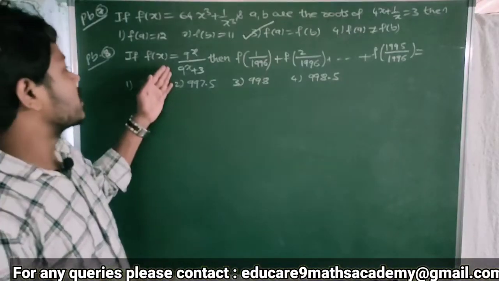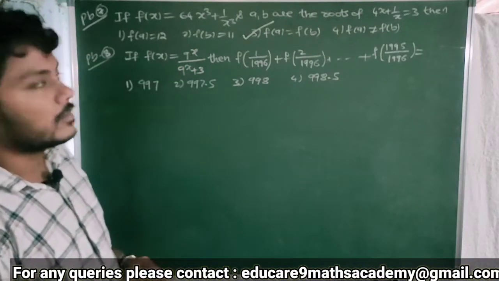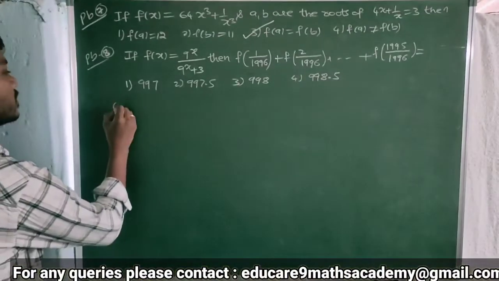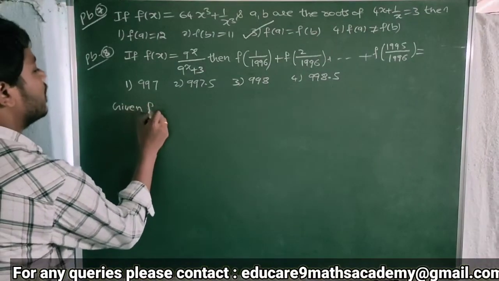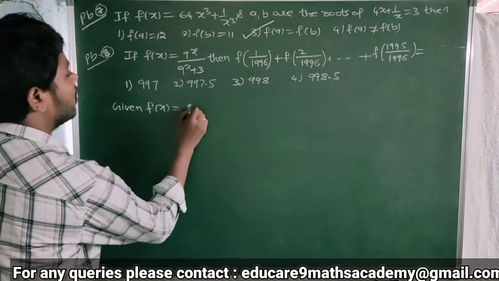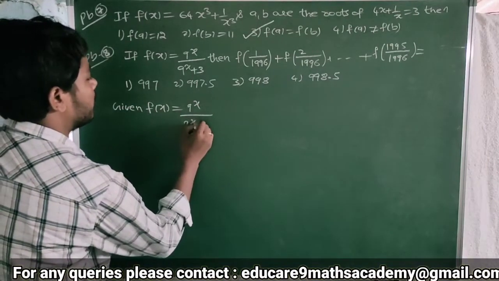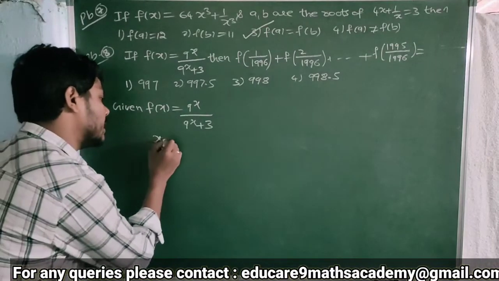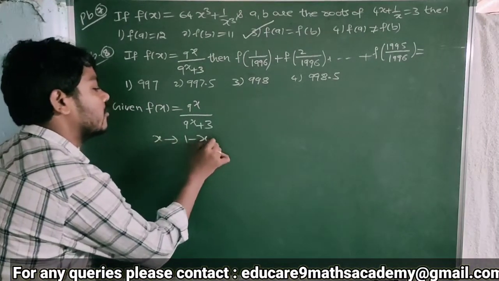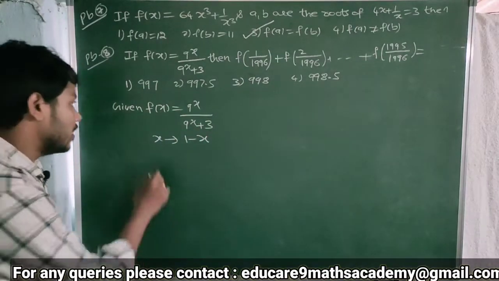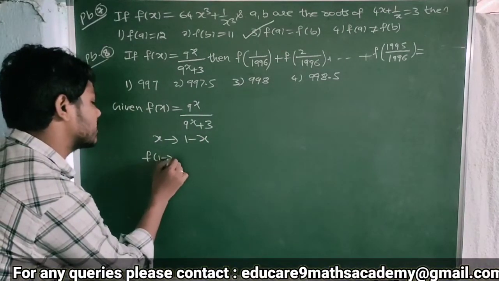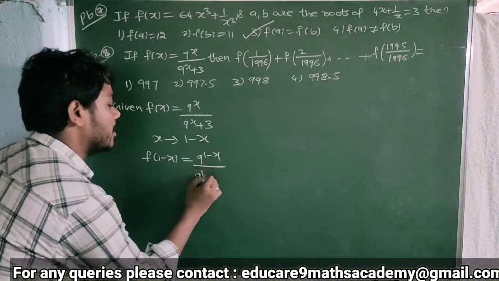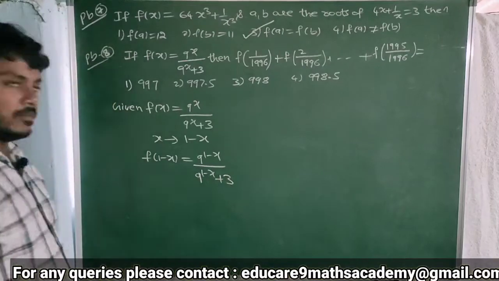Given f of x is equal to 9 power x by 9 power x plus 3, then you want to find this value. So here I am replacing x with 1 minus x. Now what is f of 1 minus x? 9 power 1 minus x divided by 9 power 1 minus x plus 3.